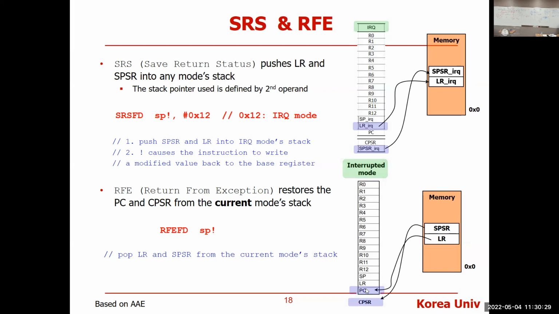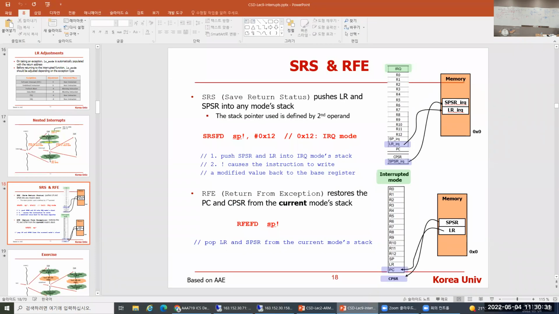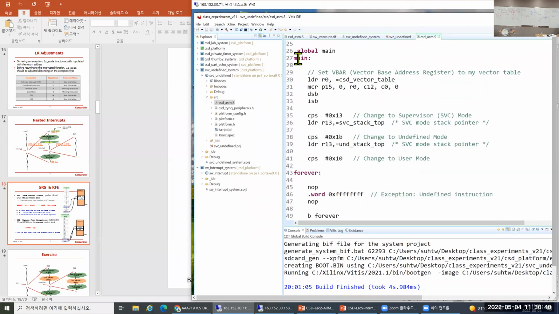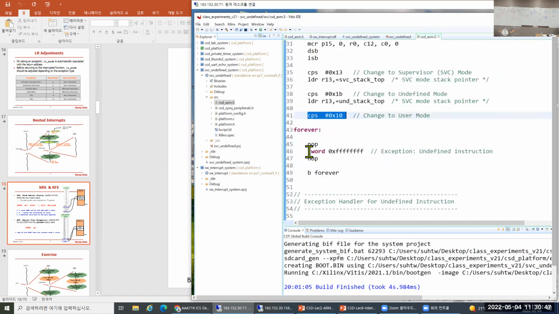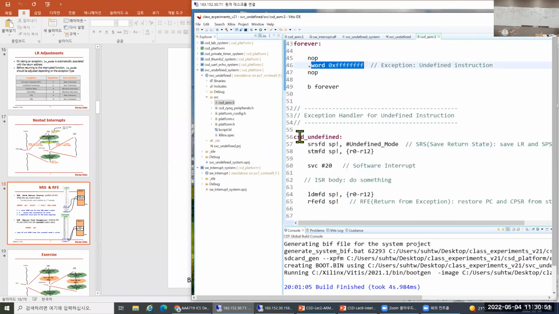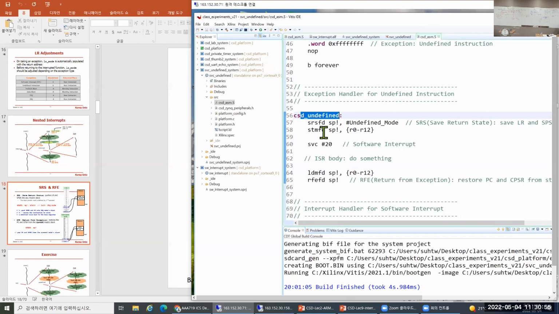So in the example code, I first use undefined. The user program, I change it to user mode, then an undefined instruction exception occurs. Eventually you will execute this handler. Here SRS FD, I save what?